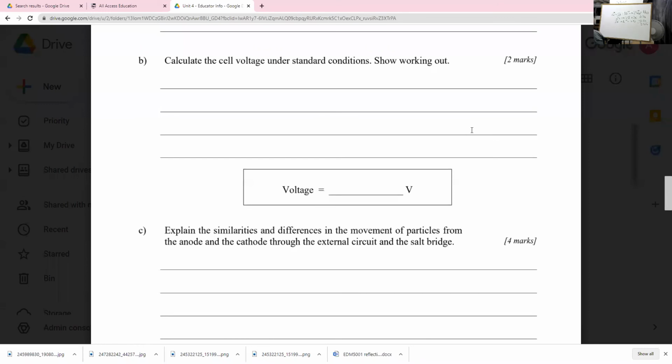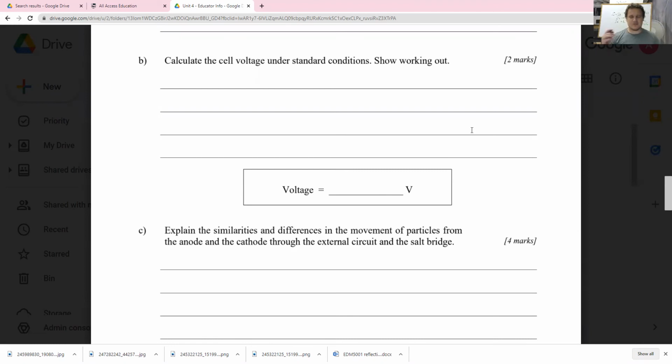All right, here's a 4-mark question. So you are describing and explaining the movement of particles from one side to the other, from the anode to the cathode.